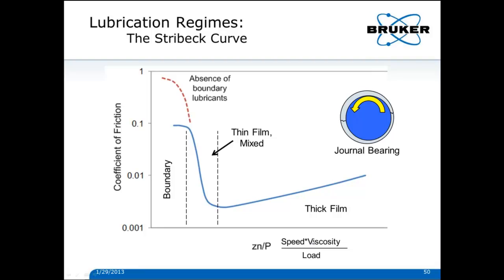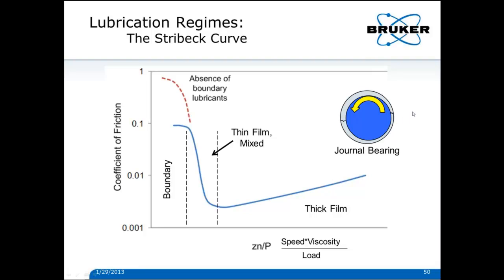If we go to lower speeds and viscosities or higher loads, we move this way, and again we start to make asperity contact here. We get more and more asperity contact, so our coefficient of friction is rising by 1 or 2 orders of magnitude. Finally, we have full asperity contact when the journal is going so slow, or the load is so high, or the viscosity is so low, that it can no longer be supported in this high pressure region at the bottom, and we get touching.